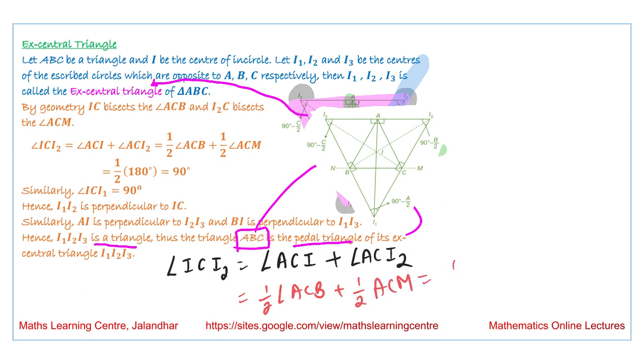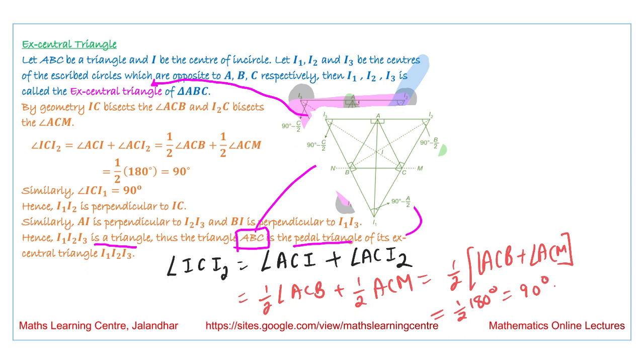So this is equal to half of angle ACB plus angle ACM, which is 1 by 2 into 180 degrees, that is equal to 90 degrees.